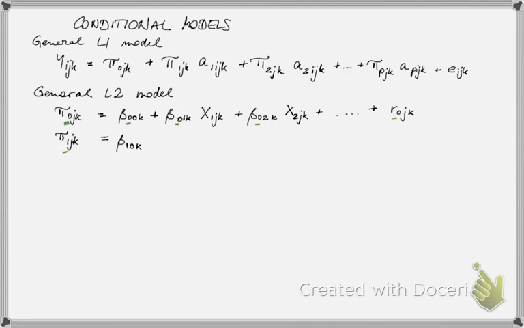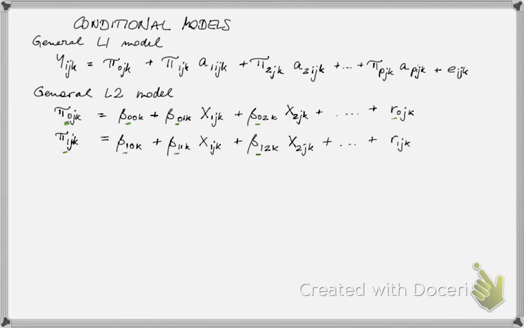So it's beta 1 0k plus beta 1 1k x1 jk. That's the same predictor. Beta 1 2k x2 jk. Again, the same variable here. And then r1 jk. So just to mark this in green here as well, we're getting the 1, the 1, the 1, the 1.